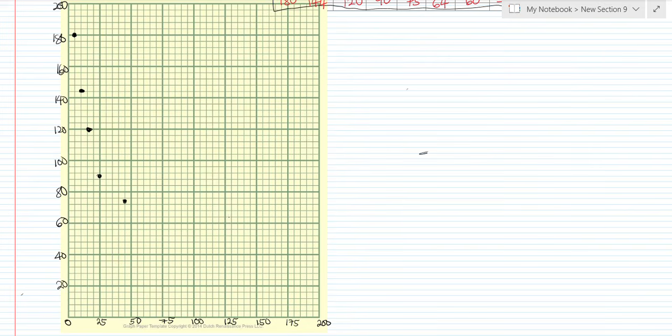Then 60 gives us 64, so 64 is somewhere here. Then 75 gives us 60.